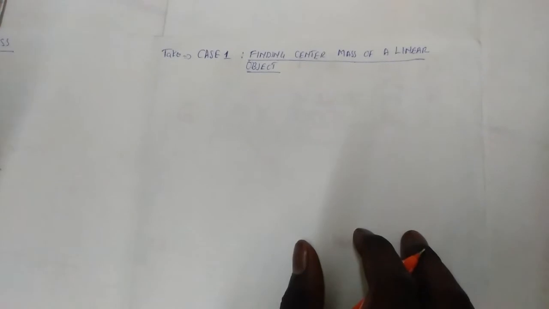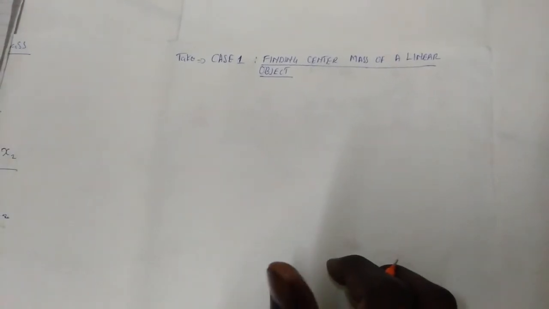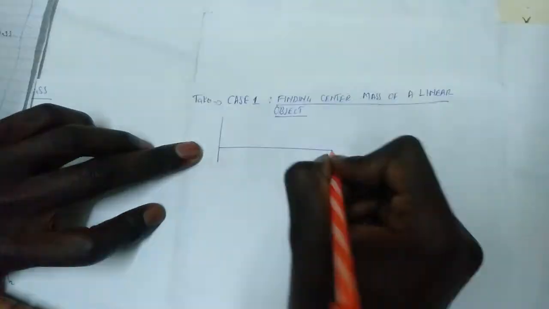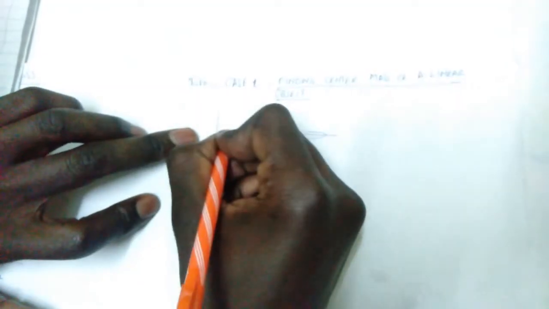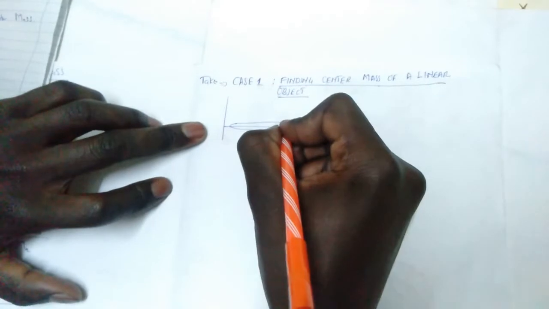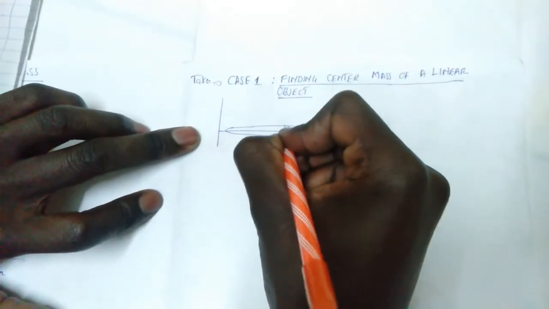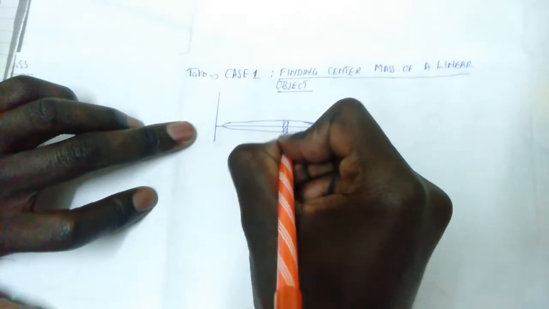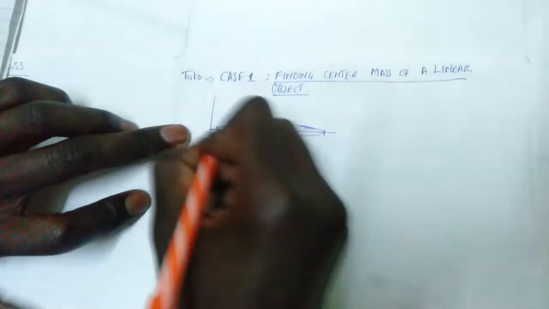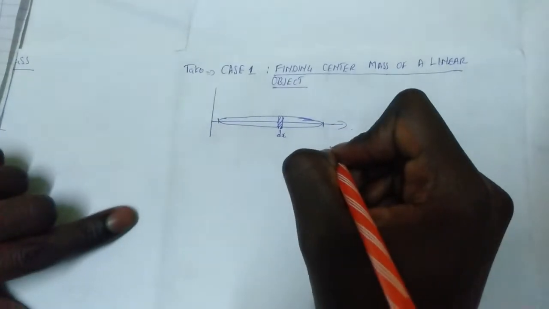Take an instance of case 1, finding the center of mass of a linear object. Take a linear object on the x-axis like this. The first thing we do is take a portion of the object, shade it, and name it dx, because the total is x under the x-axis.